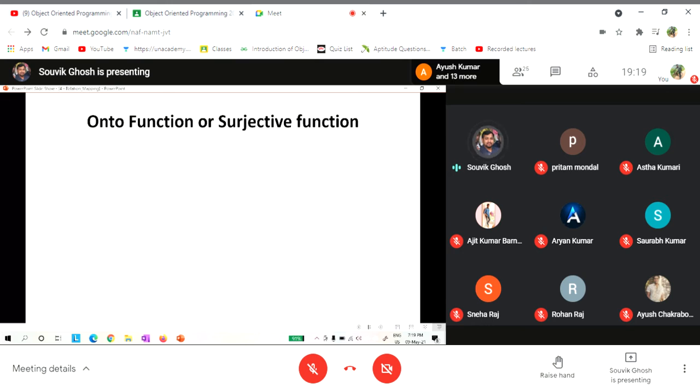Now we have the next definition, which is onto function or surjective function. So what is an onto function or surjective function?